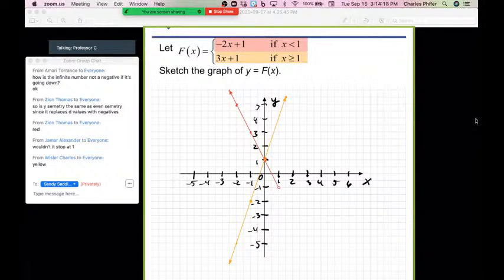So again, the red only applies when x is strictly less than 1, so we did an open circle. So we only kept the left part, the part that was left of x equals 1, and we used an open circle. Make it a little bit bigger. That's better.